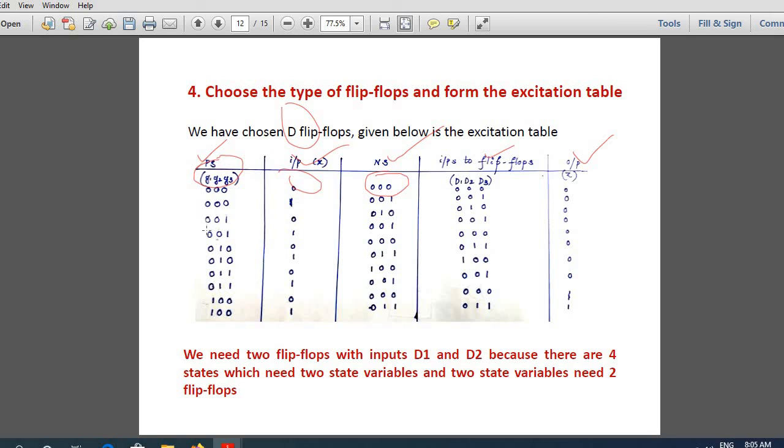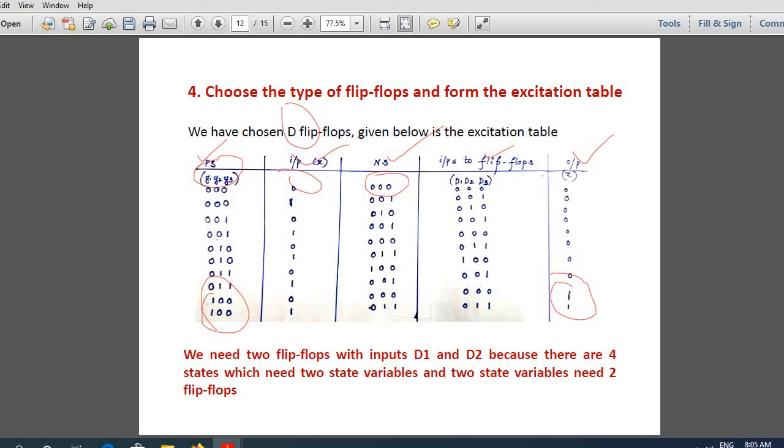Similarly, 001, you're writing 2 times for each of the input combinations, and so on. Then you write the combination of input. Now, I told you except for the last state, 100, for that too you write the output as 1. For all others, it is 0.